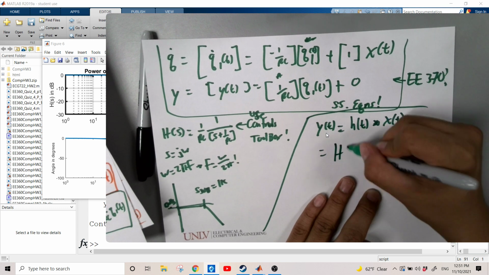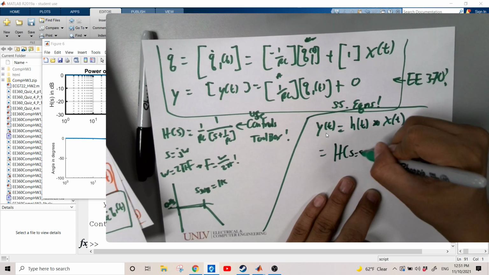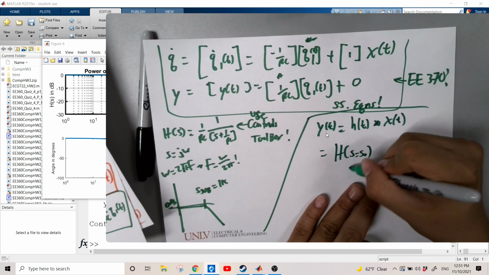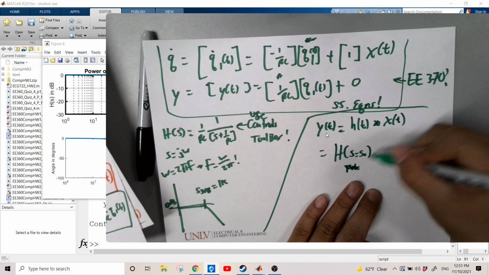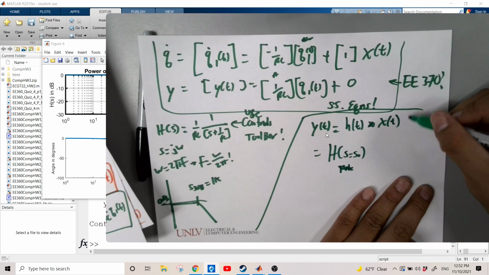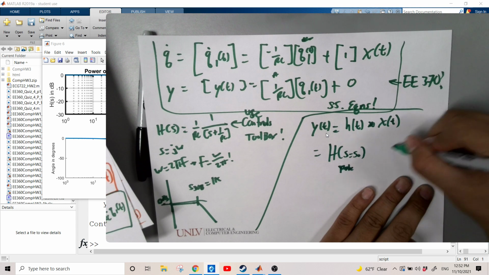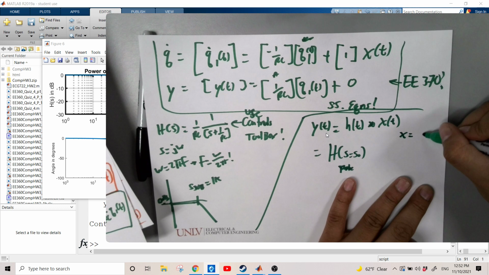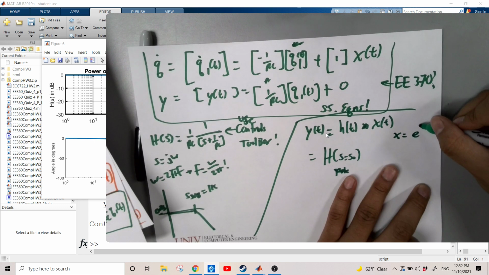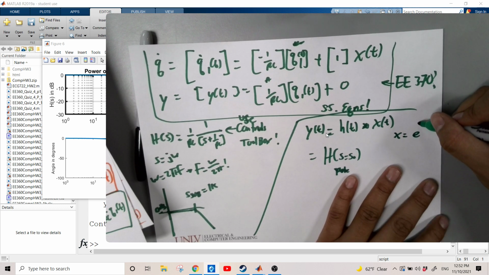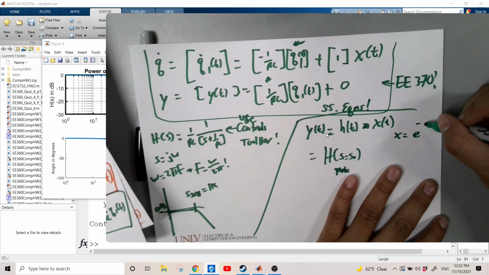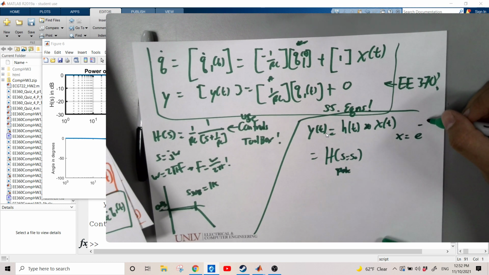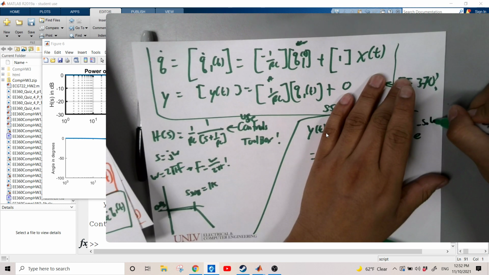as the following. H of s is equal to s naught, some value like a pole, or actually not pole. So actually, how do I explain this? If your input x is equal to e to the minus s naught t, right?